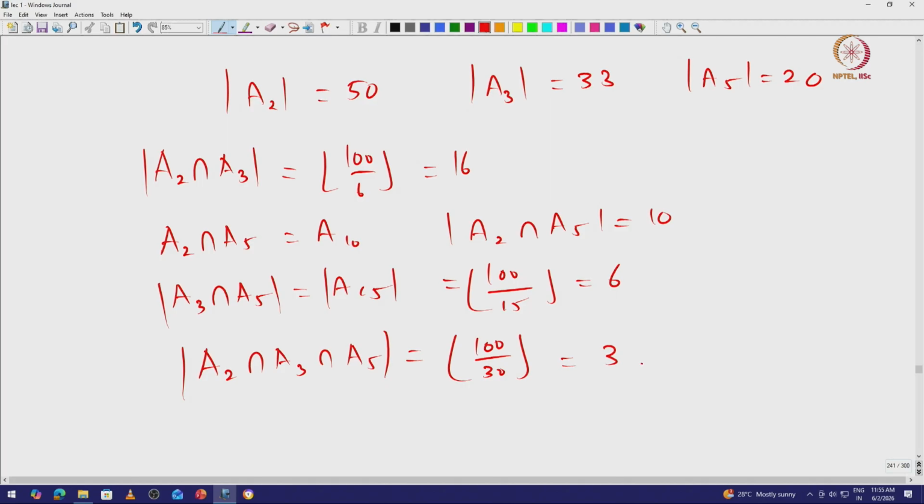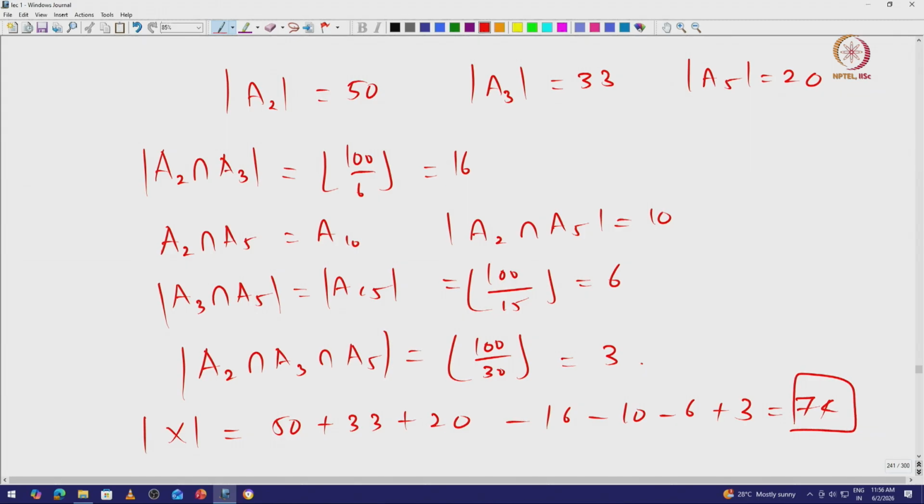Now if we plug these back in, the cardinality of X is exactly 50 plus 33 plus 20 minus 16 minus 10 minus 6 plus 3, which is exactly 74. So, there are 74 numbers between 1 and 100 that are divisible by 2, 3 or 5. Okay. So, this is a very nice counting problem.